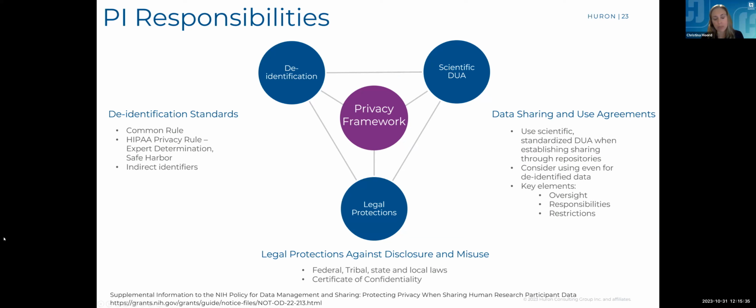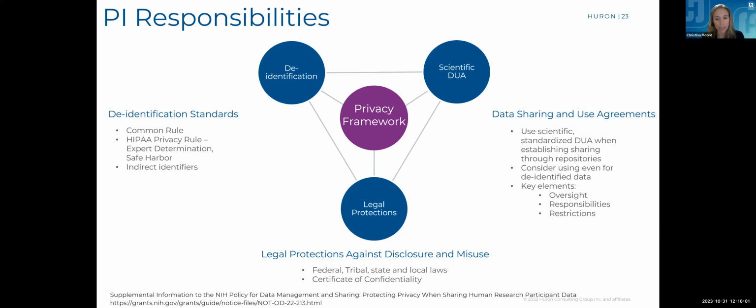NIH references three components to our participant data privacy framework in the supplemental information referenced below. They are de-identification, scientific data sharing and use agreements, and legal protections. According to the Common Rule, private information or biospecimens are identifiable when the identity of the subject is or may be readily ascertained by the PI or associated with the information or biospecimen.